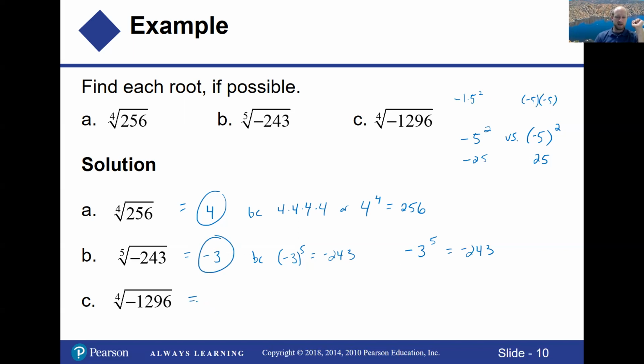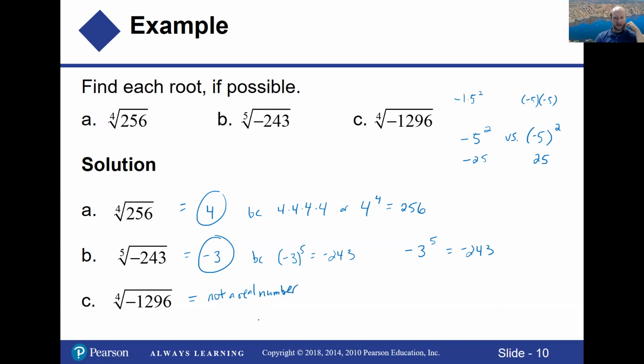And then the one down here, we have an even root with a negative radical expression. Again, we can't have that. So this is undefined. This is not a real number.